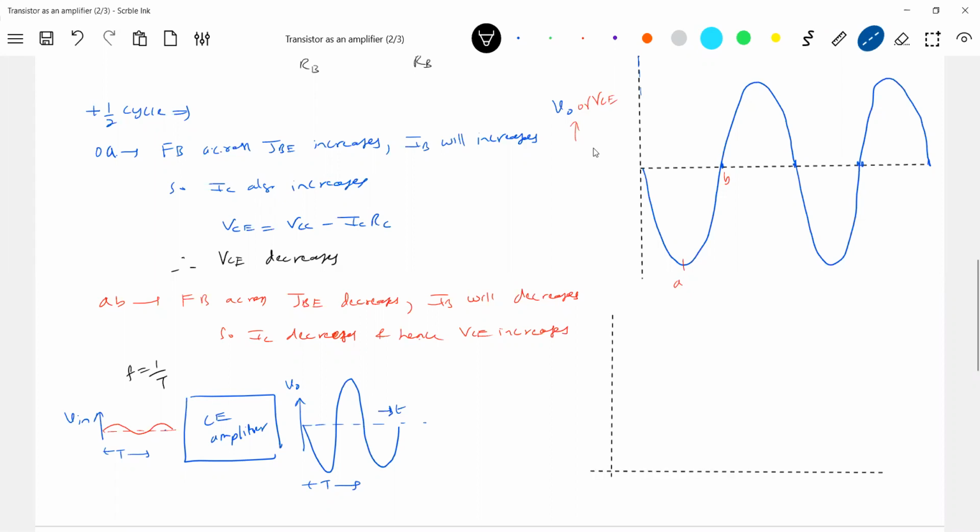When I check this, the graph is of this kind. This is the frequency, and this is the voltage gain. I'm plotting voltage gain versus frequency.